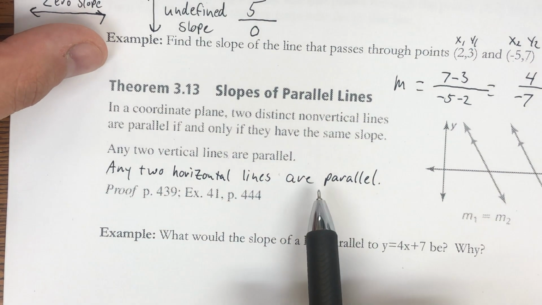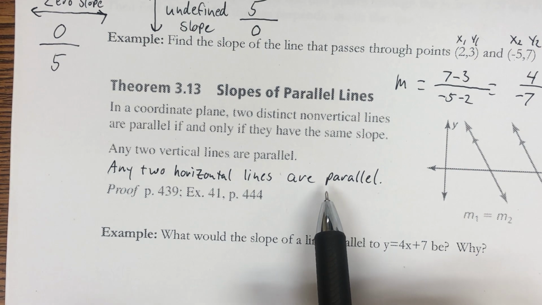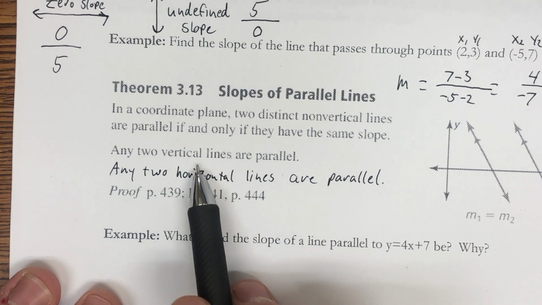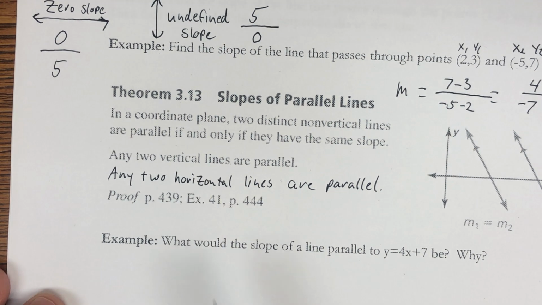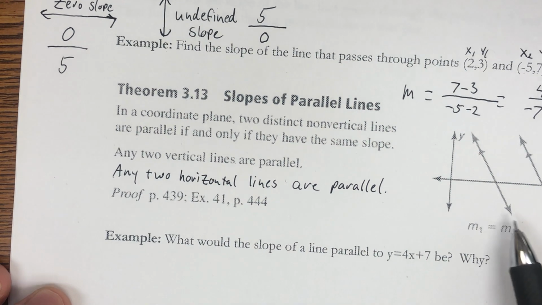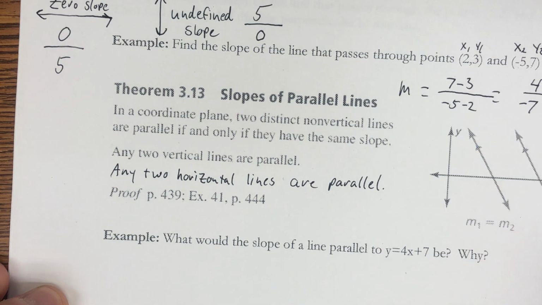That really wasn't included in this definition because 0 is equal to 0, so those two slopes are equal. But we really need to indicate that the vertical lines are parallel as well because their slopes are undefined. So any two vertical lines are also parallel, which kind of makes sense. As we look at this graph here, in order for these lines to never touch, they would have to be going at the same rate.